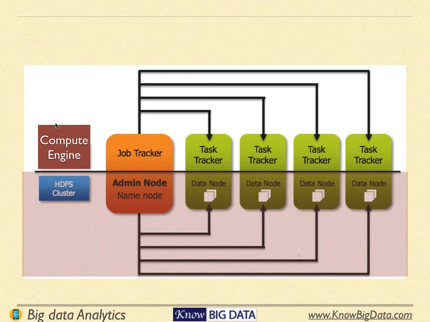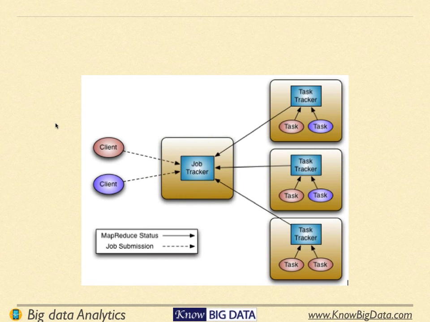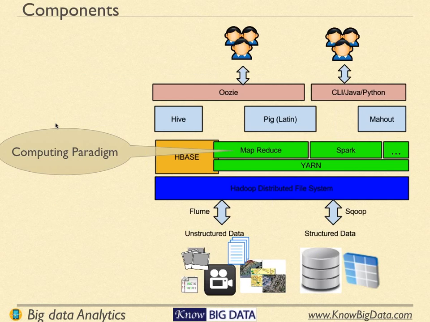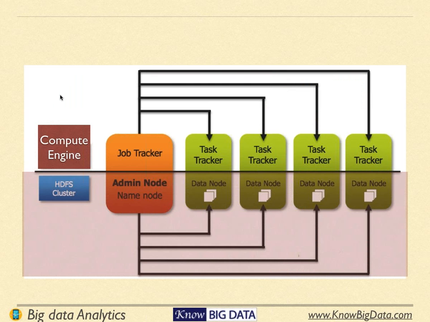The job tracker will mark, okay, fine, this guy is doing good, this guy has finished the work, but the third guy is not responding. So the job tracker continuously keeps on pinging all the task trackers.